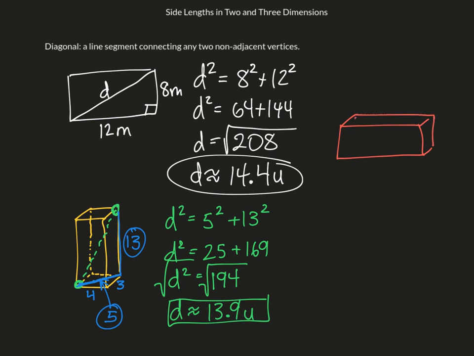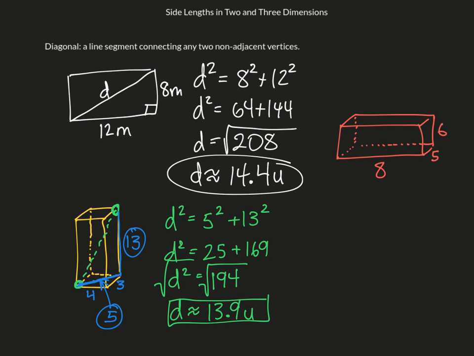So if we fill in those dashed lines, let's make the bottom 8, 5, and a height of 6.